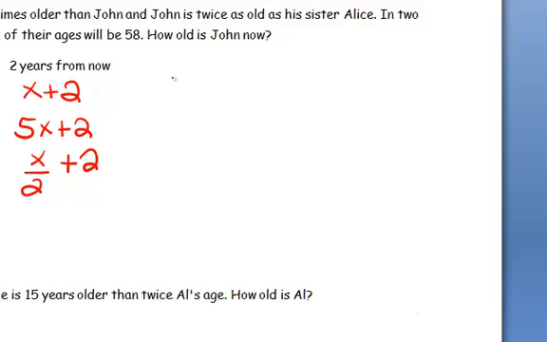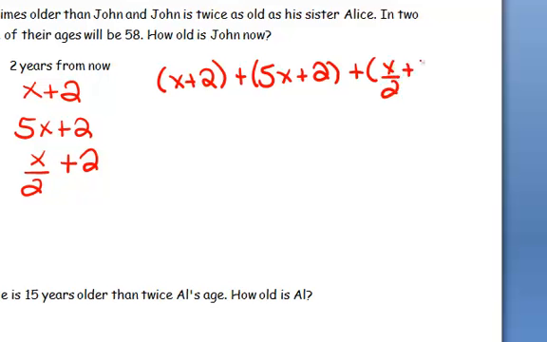So you can do a couple things. First of all, you want to add all of their ages together, because the sum of their ages in 2 years, so that's why I'm using the second column, is going to be 58. Now I have a fraction here, so you can get everything over a common denominator, or what I would do is simplify what I can first.